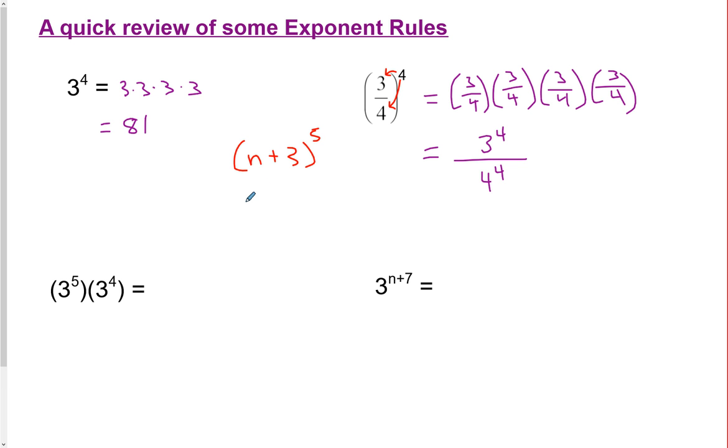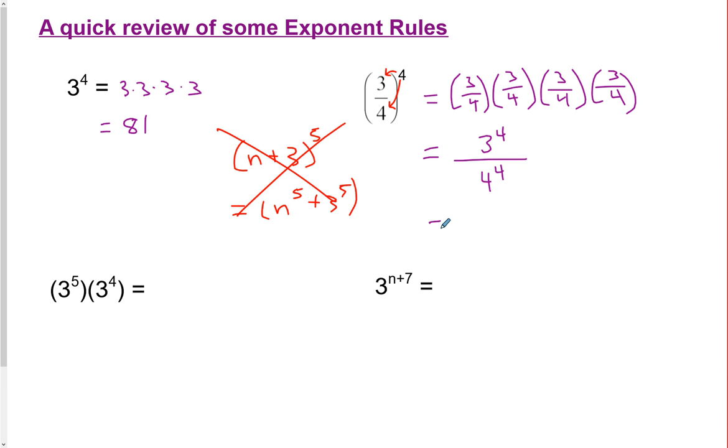You cannot turn that into n to the 5 plus 3 to the 5. That is not correct. Okay? So there has to be just one term. If there's only one term, which 3/4 is, it's just a single term, then you can do that.